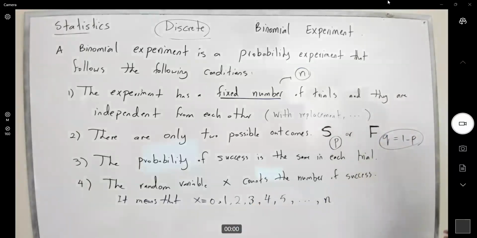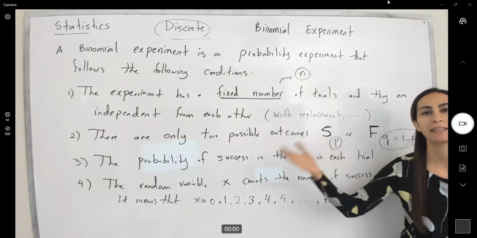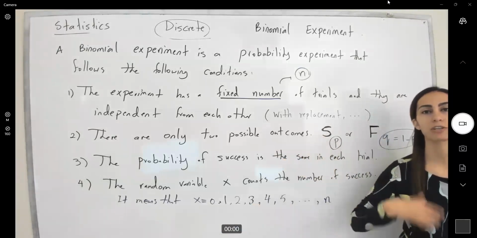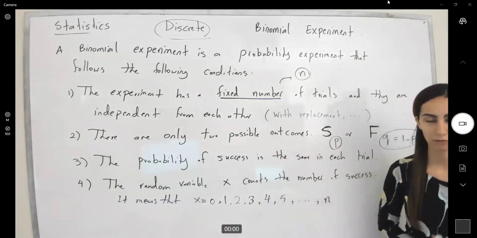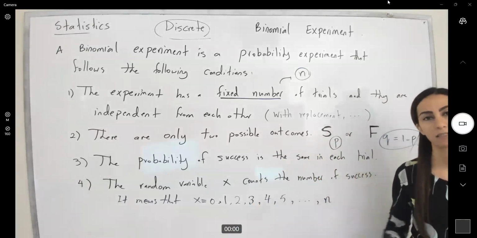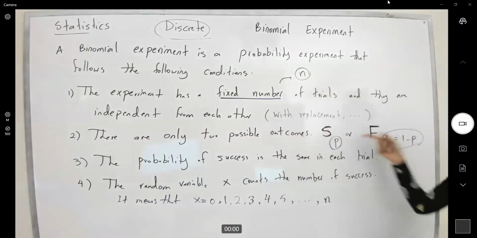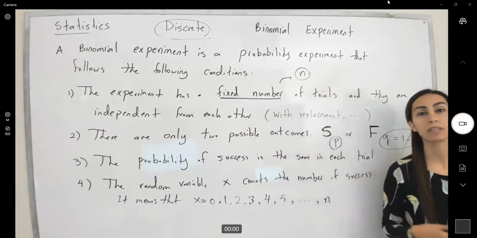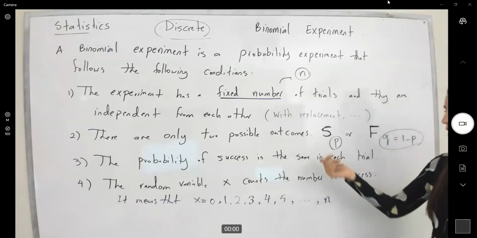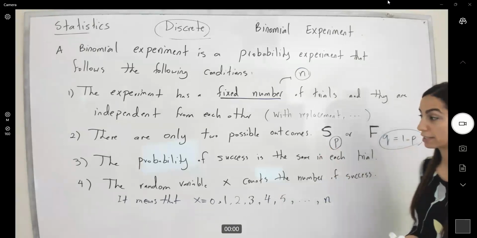So suppose you have, for example, 10 surgeries. The surgeries on patients are independent from each other. N becomes 10, and then depending on previous experiments, you're going to get information about the probability of success in each surgery.